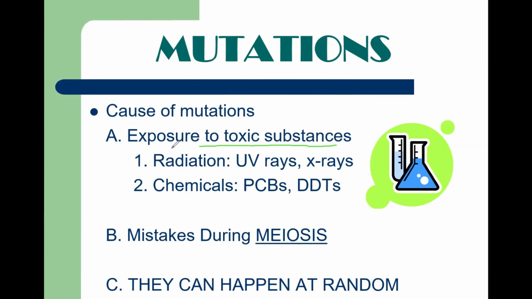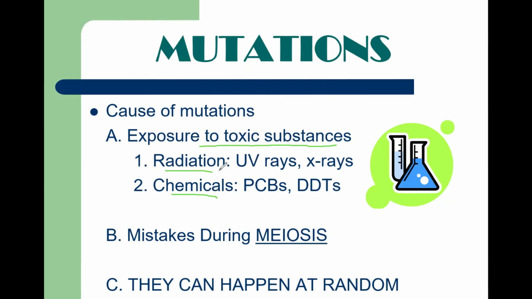This exposure to toxic substances includes radiation and chemical substances. Ultraviolet rays and X-rays are examples of radiation that, if you are too much exposed to them, can cause mutation in your DNA.